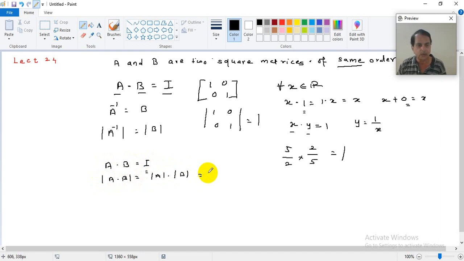So this is equal to determinant of I which is 1. म्हणजे जर A into B आयडेंटिटी असेल तर determinant of AB is same as determinant of A determinant of B which we have verified by the previous example. आणि हे A into B म्हणजे इथे काय लिहिलं आपण हा determinant of A into determinant of B, परंतु AB I असल्यामुळे ह्या determinant of AB म्हणजेच determinant of I असणार आणि त्याची व्हॅल्यू 1 आहे.